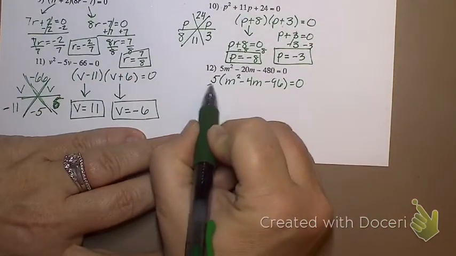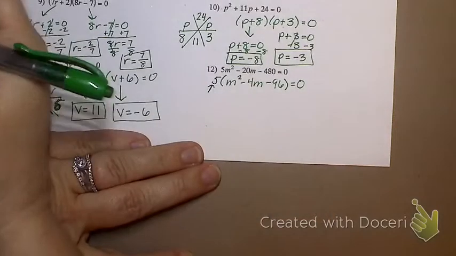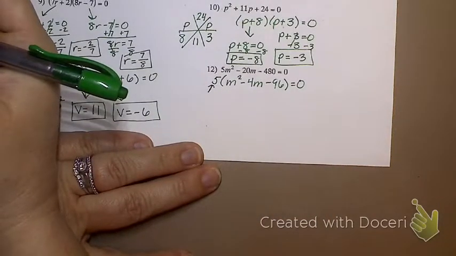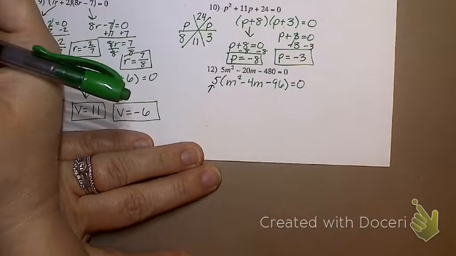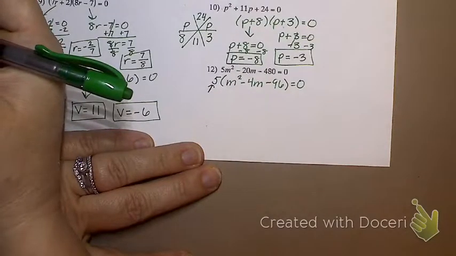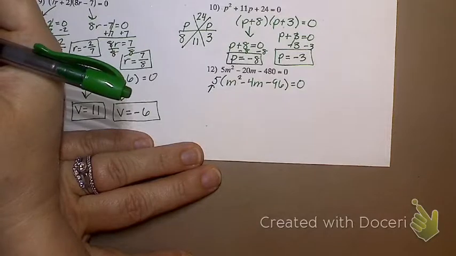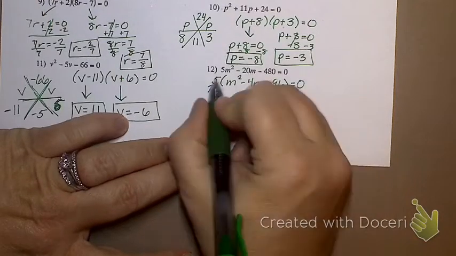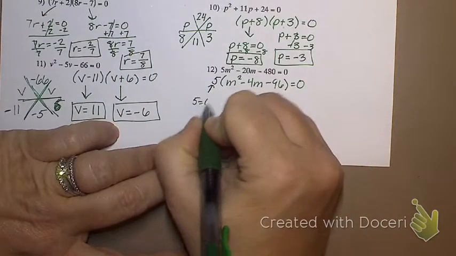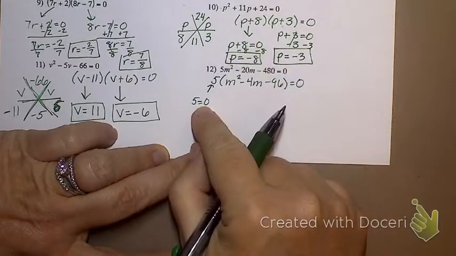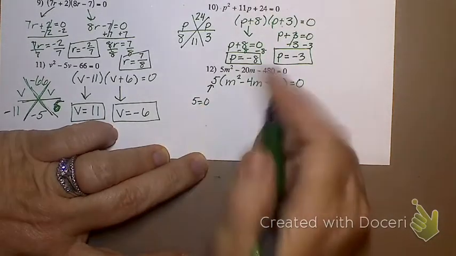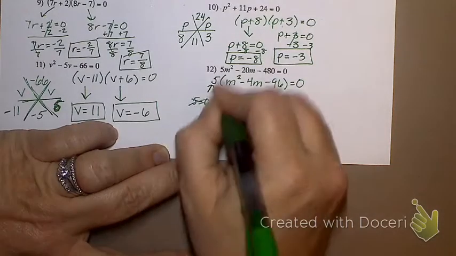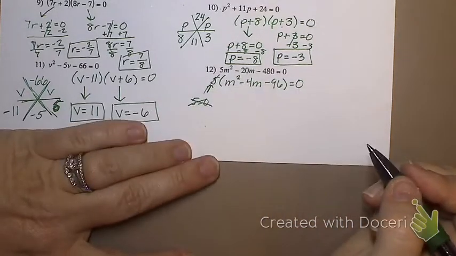Is there going to be an answer with that 5? No. When is there an answer outside? If there was a variable there. If I were to take 5 and set it equal to 0 like I did with all the rest of them, there's nothing to solve for, and I have a statement that's not true. 5 does not equal 0, right? So the 5 actually ends up just dropping out of the problem.